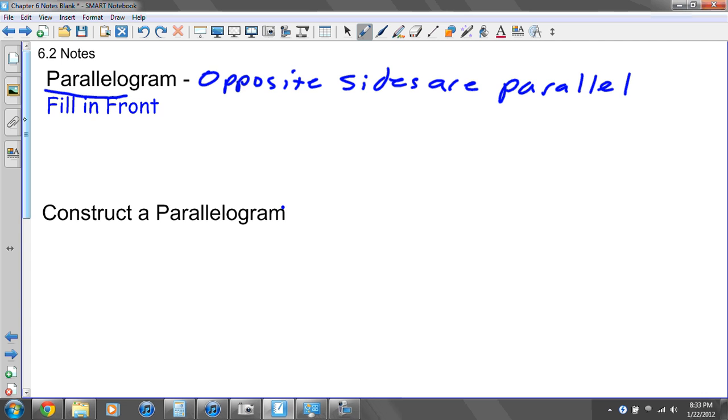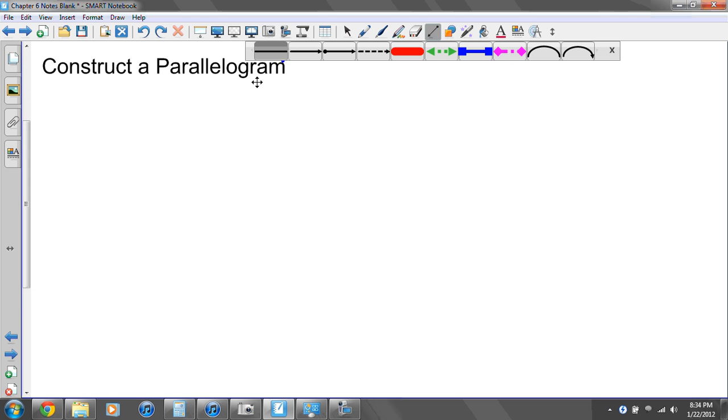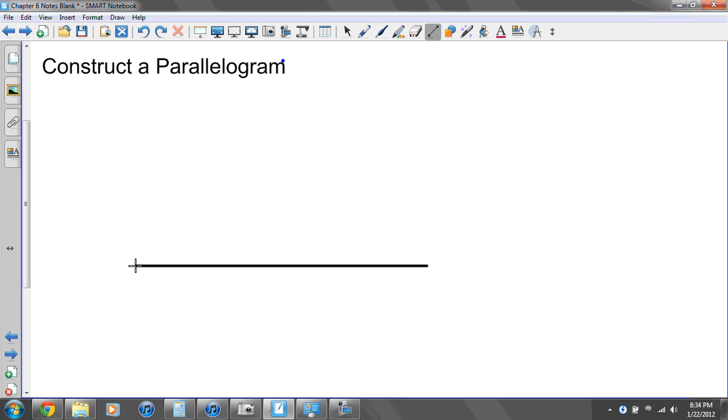Okay, so if we want to construct a parallelogram, we're basically going to make some starting lines. I'm going to start here, and I'm going to make a line that's parallel to this one up here, through whatever point I want. So let's say I want to go through this point.